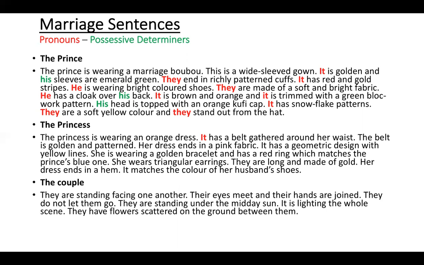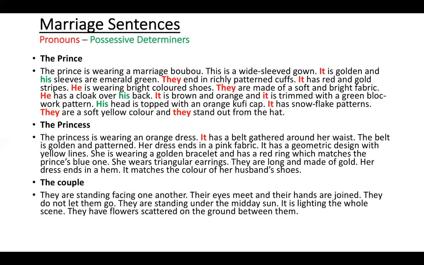They end in richly patterned cuffs. They, the sleeves. It has red and gold stripes. It is describing the cuffs. Well done. He is wearing bright coloured shoes. He is of course the prince. They are soft and bright fabric.